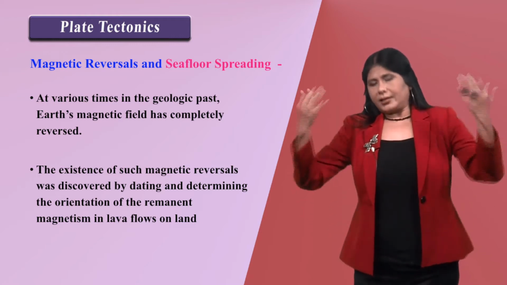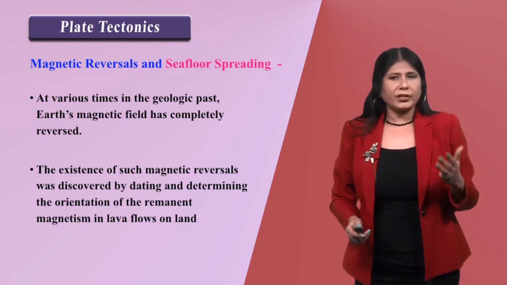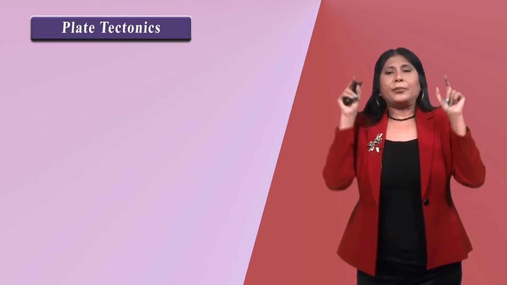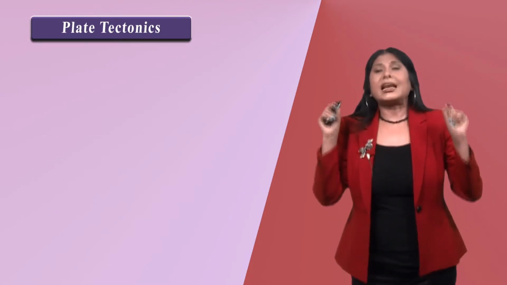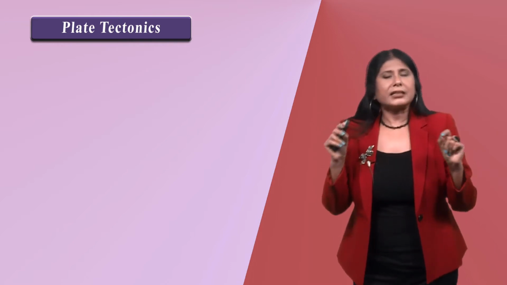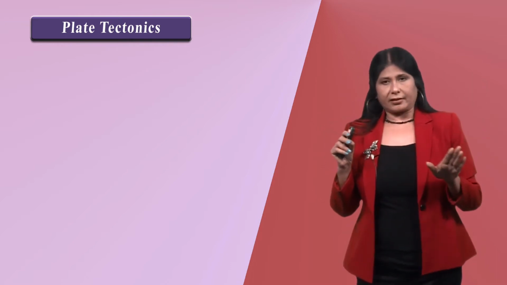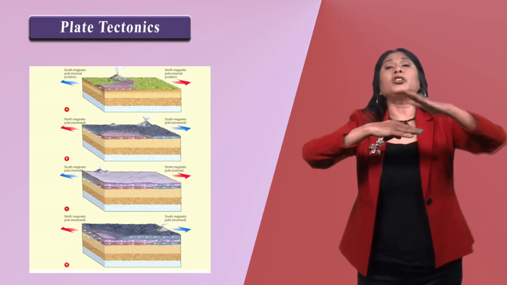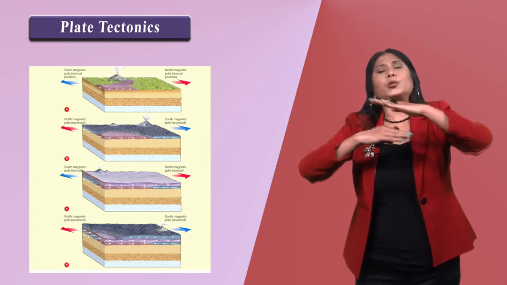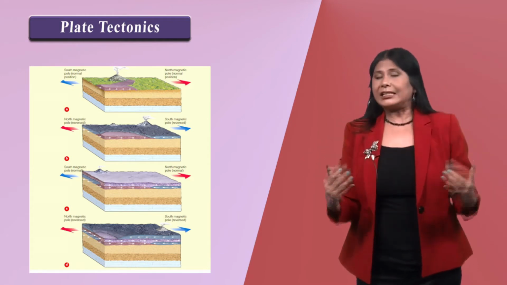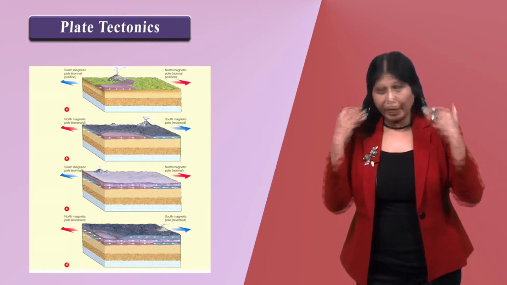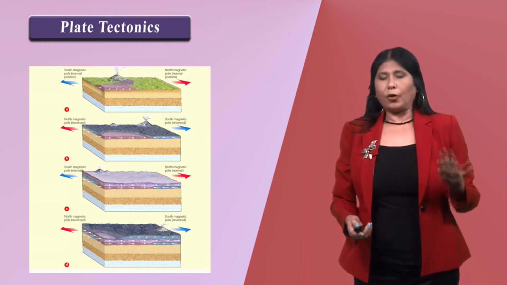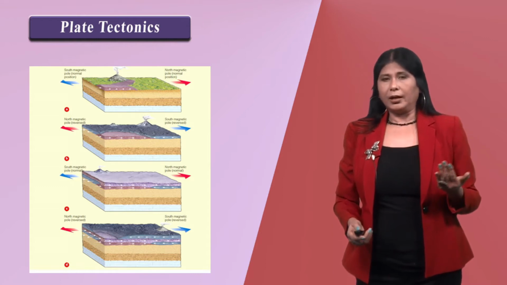Suppose when the lava is erupting and the rock is forming, whatever magnetism was present at that time, the magnetic substance will be pointing towards it. So, over a period of time, the rocks will form one on top of the other and will be recording the negative and positive anomaly of the magnetic pole.